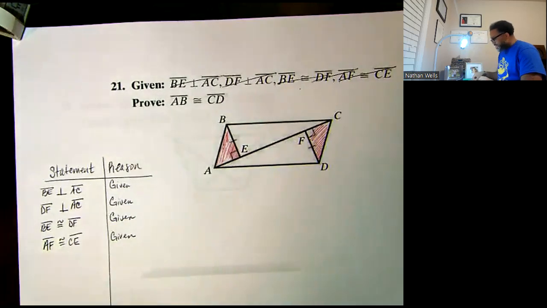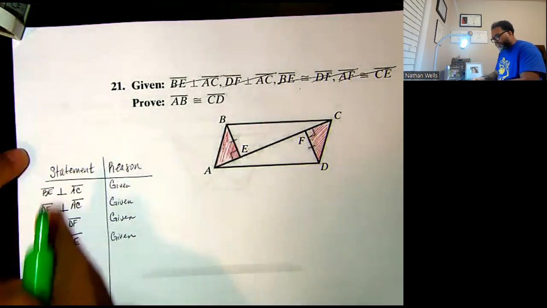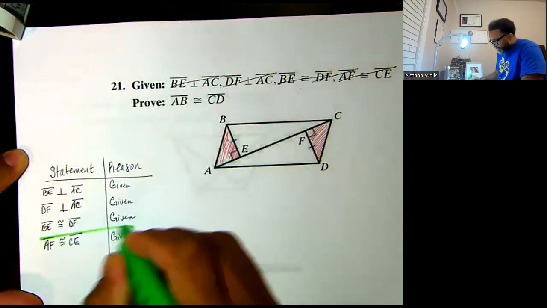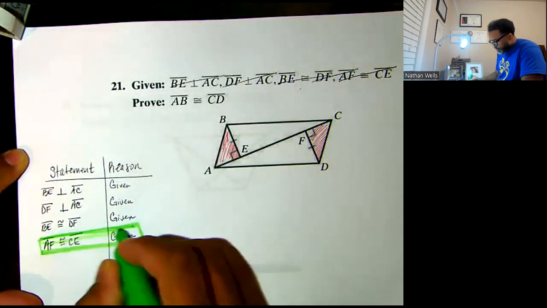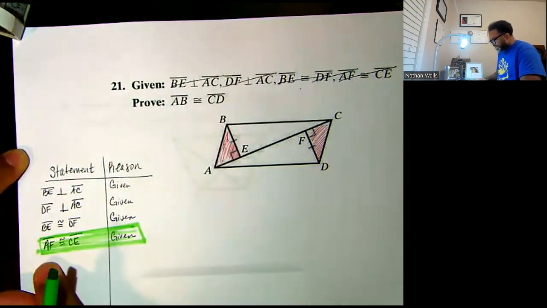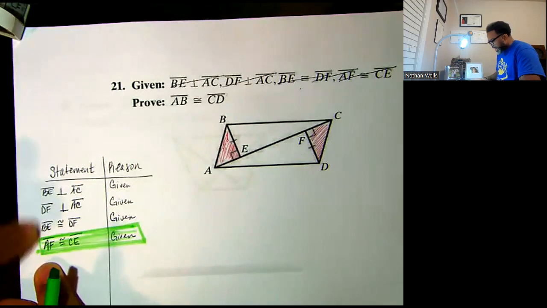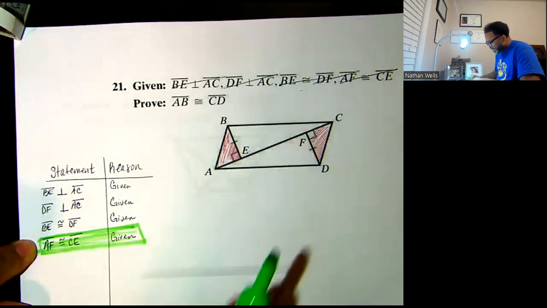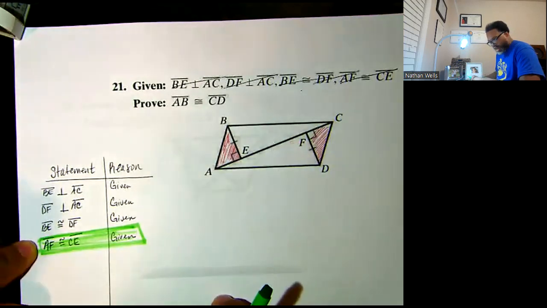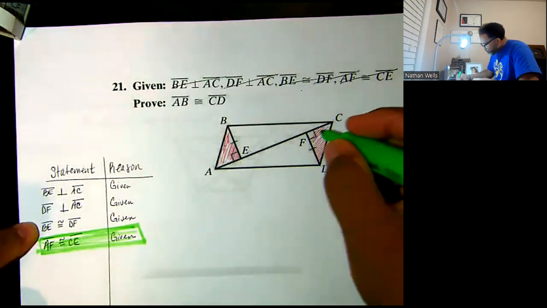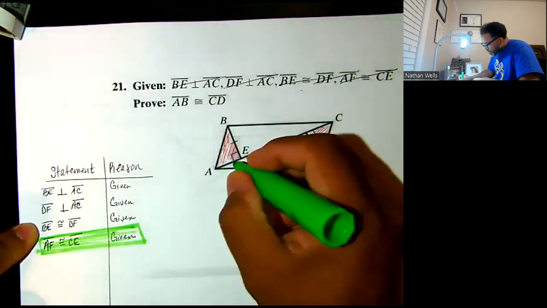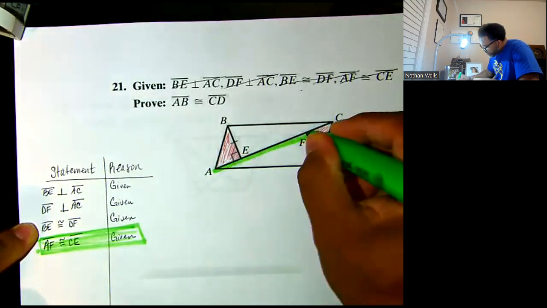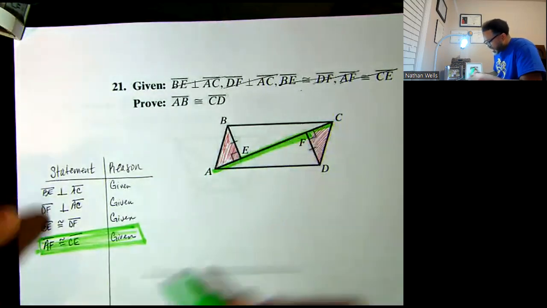So what we see here is all of our given statements I have here already. What I see here that's going to help me out is this right here. I see that AF is congruent to CE. So this part, AF is congruent to CE.